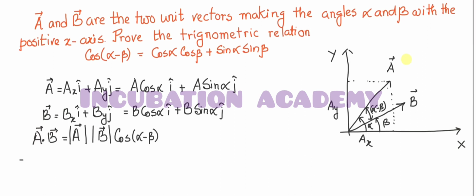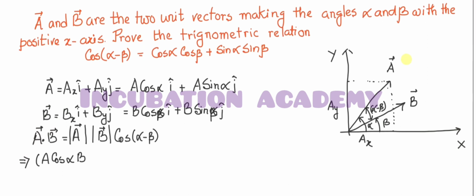So we can write it this way: a dot b. A is a cos alpha i cap, dot b cos beta, so a cos alpha i cap with i cap. One mistake we have made here: this is not alpha, this is beta, because the b vector makes an angle beta with the x-axis.